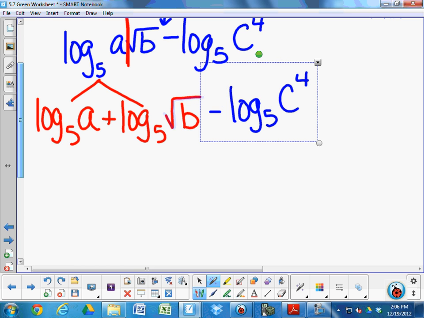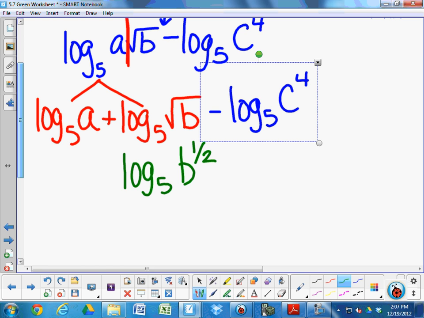But you could, right? The square root of b is the same as b to the what? Yeah, b to the 1 over 2. B to the 1 over 2 power. I'm going to write everything else just the way they were. I didn't change anything except what I did in green, okay?